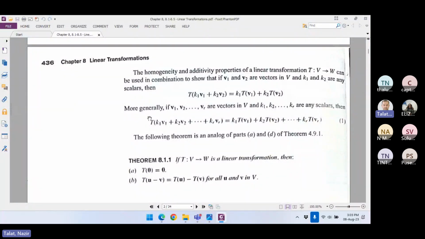And moreover, if we write its general form, we get this useful formula: T of k1 v1 plus k2 v2 plus up to kr vr is equal to k1 T v1 plus k2 T v2 plus up to kr T vr. This formula is very useful to solve many types of problems, even various numerical problems of linear transformation.